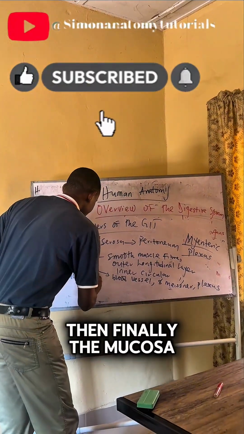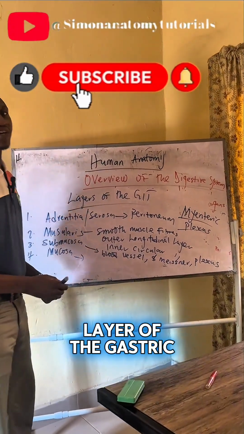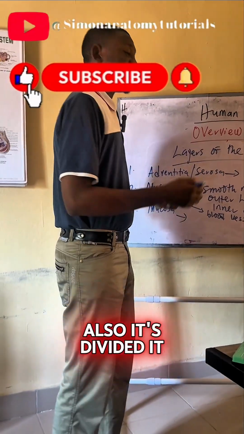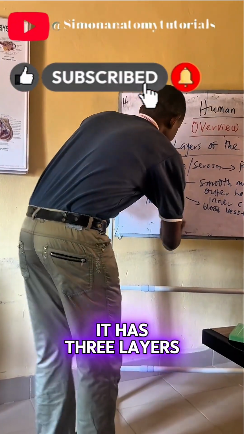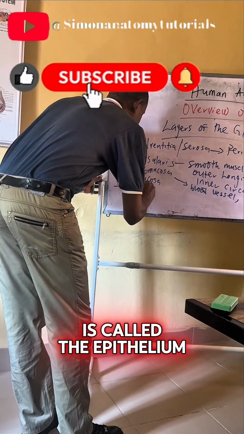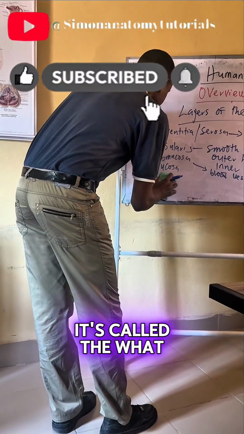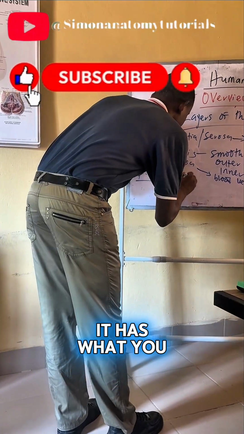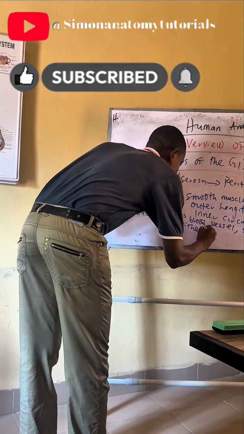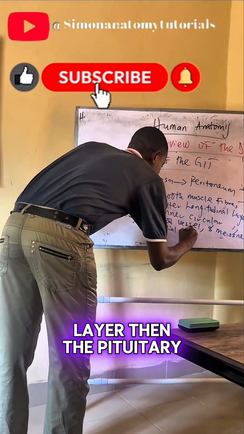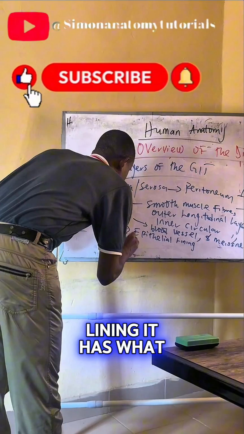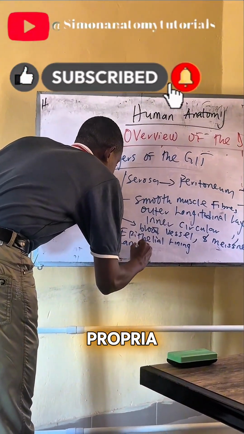Then finally, the mucosa, which is the inner layer of the gastrointestinal tract, also is divided. It has 3 layers of tissues. One of these layers is called the epithelial layer, which has the epithelial lining. Then it has what we call the lamina propria.